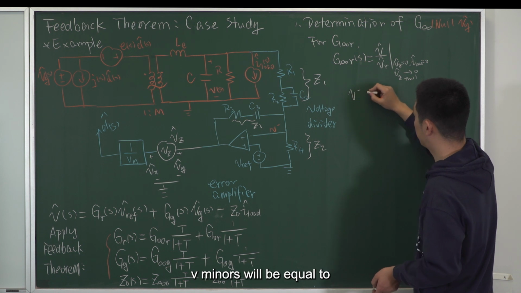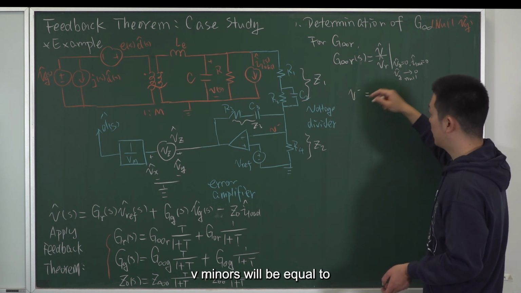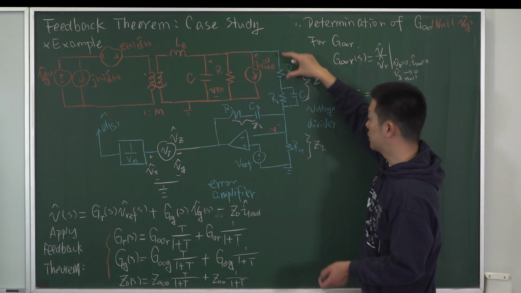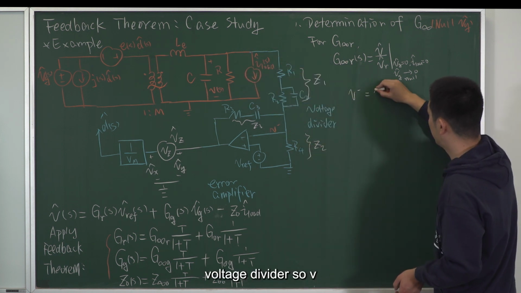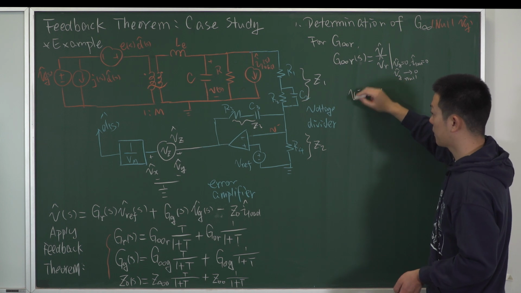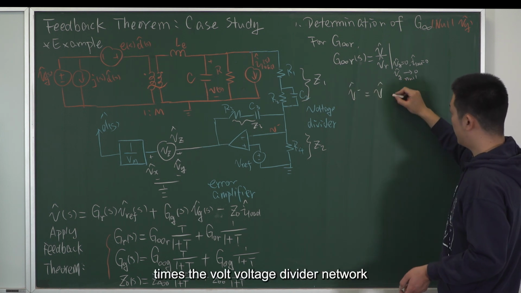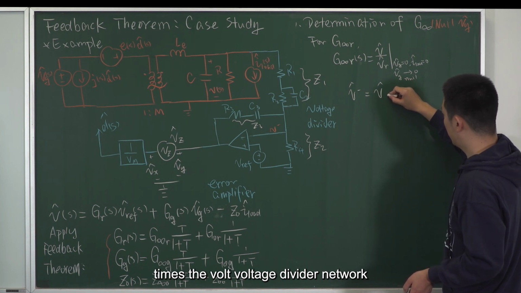V minus will be equal to the output voltage V times the voltage divider network.